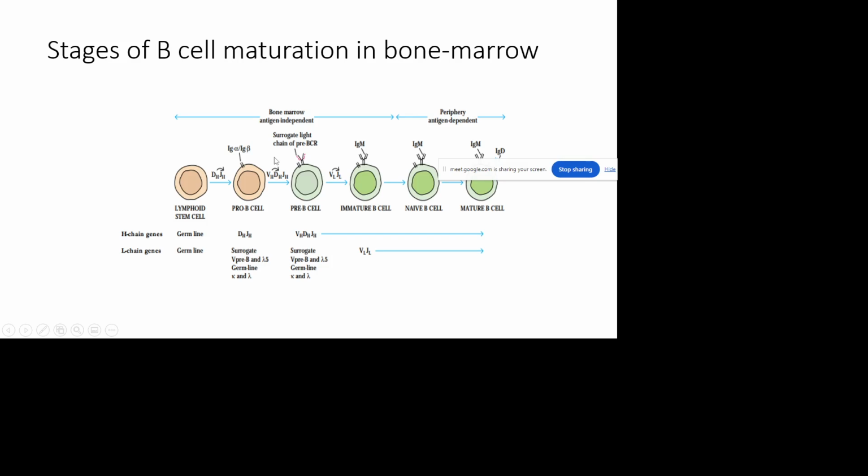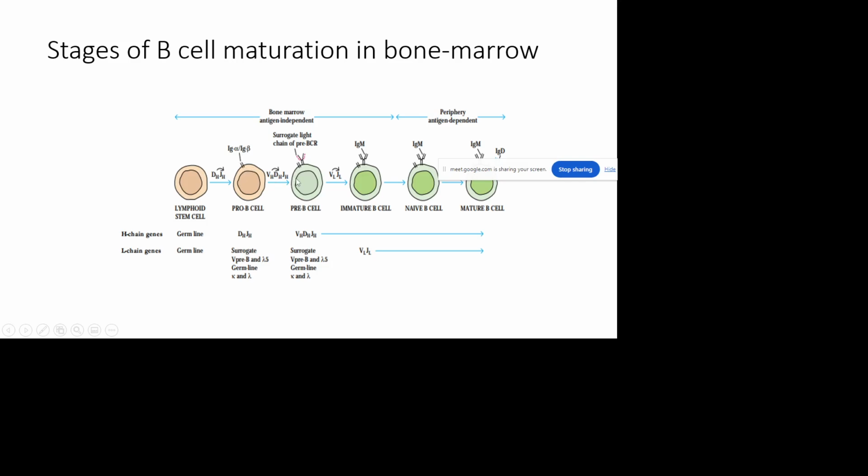And how this gene rearrangement happens: first the lymphoid stem cell will undergo DJ recombination in the heavy chain, DJH, which will make Ig alpha and Ig beta heterodimer of BCR, the B cell receptor.